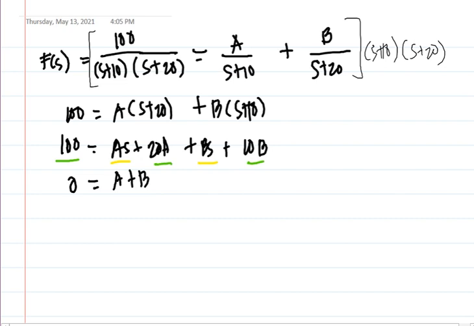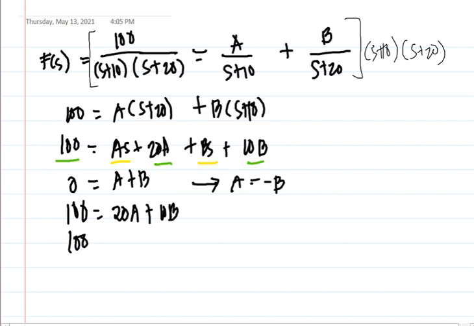So 100 is equal to 20A plus 10B. This one we can rewrite wherein A is equal to negative B and then substitute into our equation.